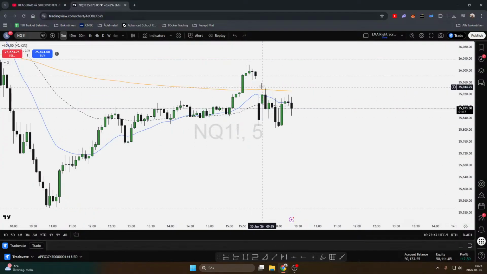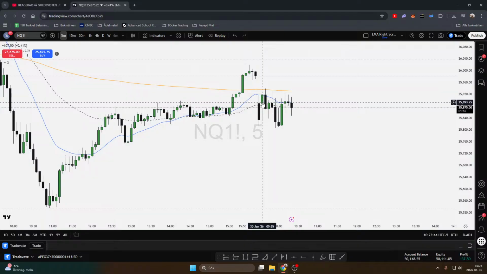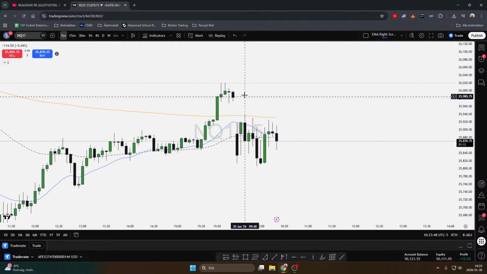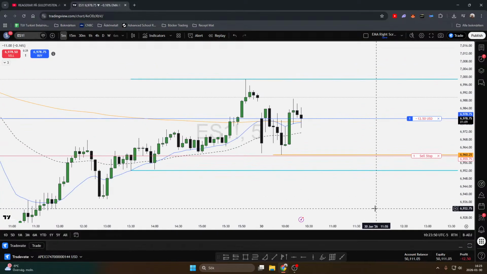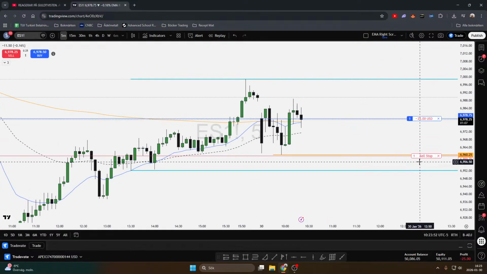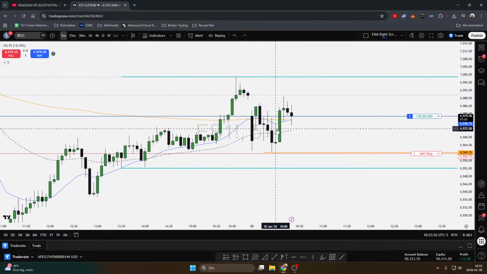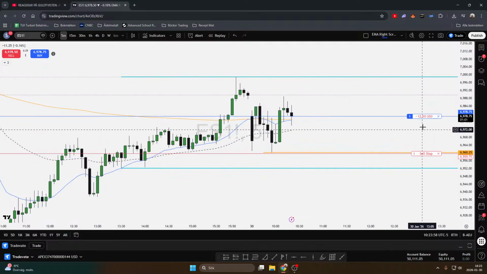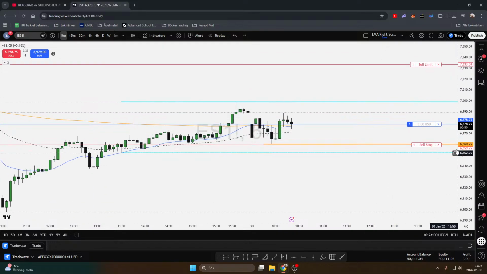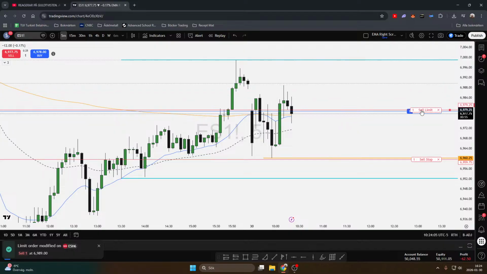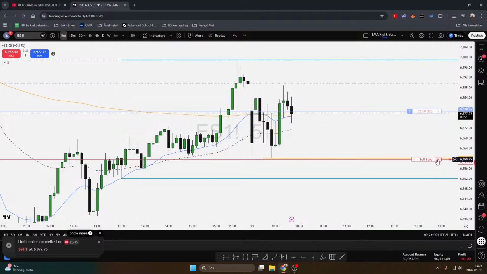So here we have, well, it's not small, it's 100 points, but on the ES it's always looking small. I'm thinking maybe we should flip. Possible flip here. Let's just, yeah, we flip in.